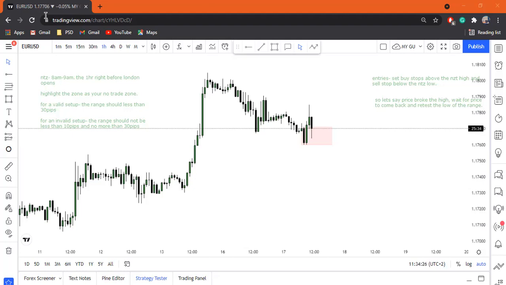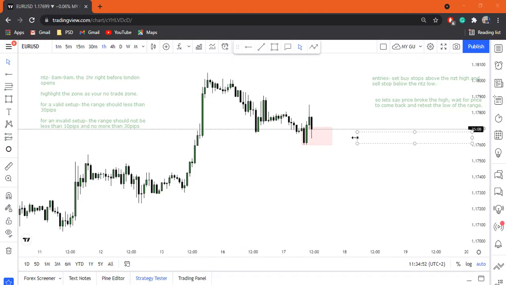if price has broken above, meaning that you bought, then you put your stop loss below the no trade zone. So if you were in the trade and you entered right here, you're putting your stop down here, same area you would have put your sell stops.